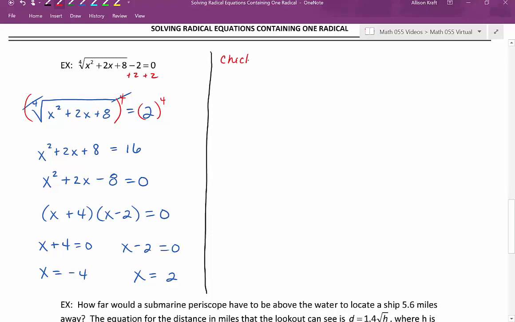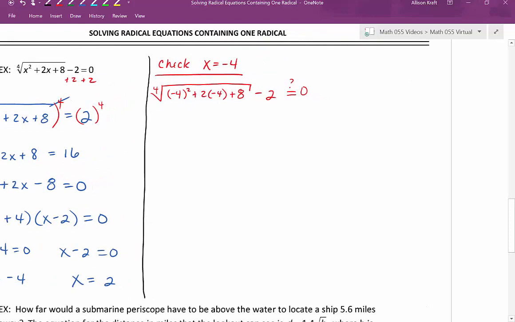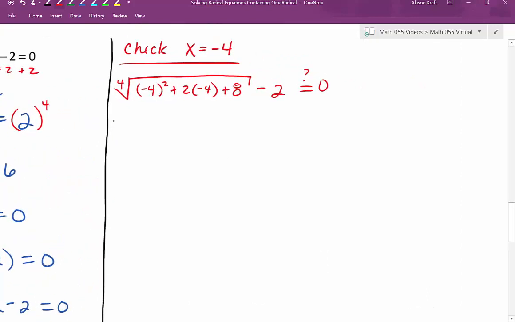So let's start by checking x equals negative 4. And we're plugging it into the original equation. Is the fourth root of negative 4 squared plus 2 times negative 4 plus 8 minus 2 equal to 0? Let's just clean up under our radical.